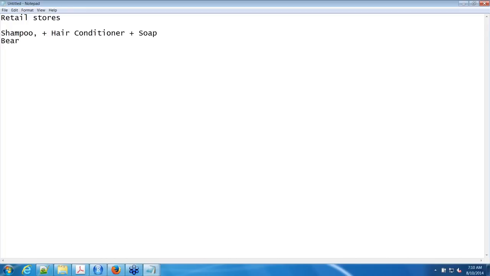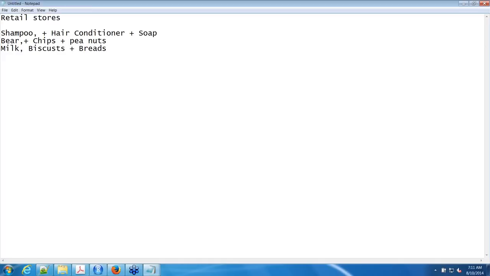When you buy a beer, you buy chips or peanuts together. When you buy milk, you buy biscuits plus bread. Likewise, each and every consumer will have a pattern of buying together.